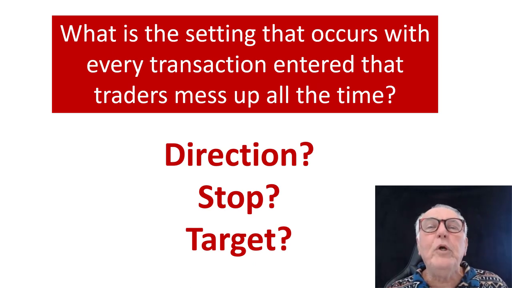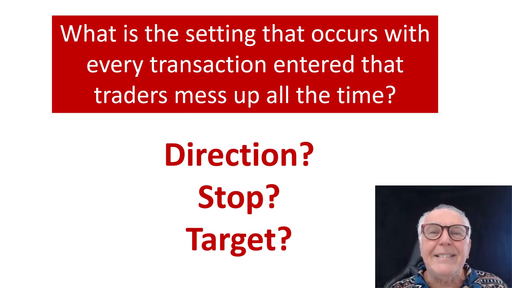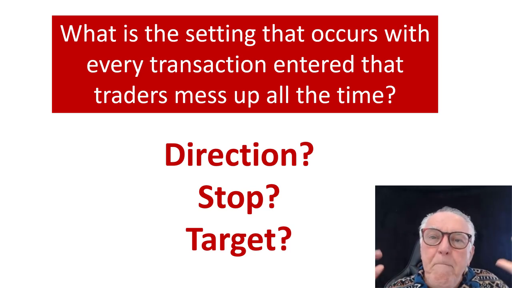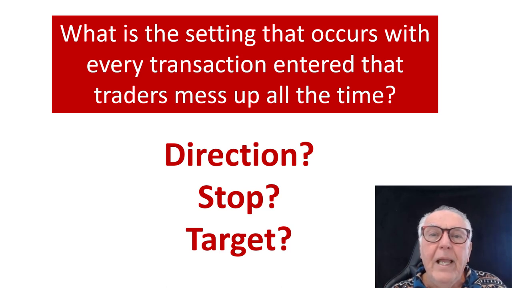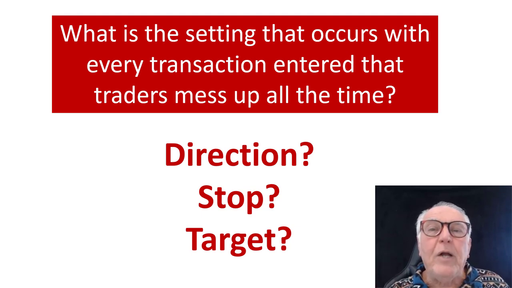Okay, so let's have a look at which setting it is that occurs with every single transaction you make, but that traders mess up all the time. And as I said, experienced traders get this wrong as well as beginners. Now, I want you to think about what the setting could be. Could it be the direction?